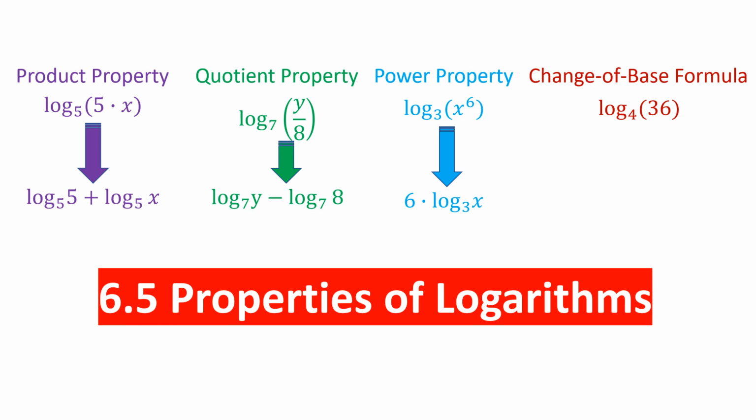And let's just pause here to say that the up arrows work also. If 6 is a coefficient, we can bring that up as an exponent. And if we have multiple log expressions with the same base and they're separated by either addition or subtraction, we can bring them together using the product or quotient properties. We can condense into single logs.